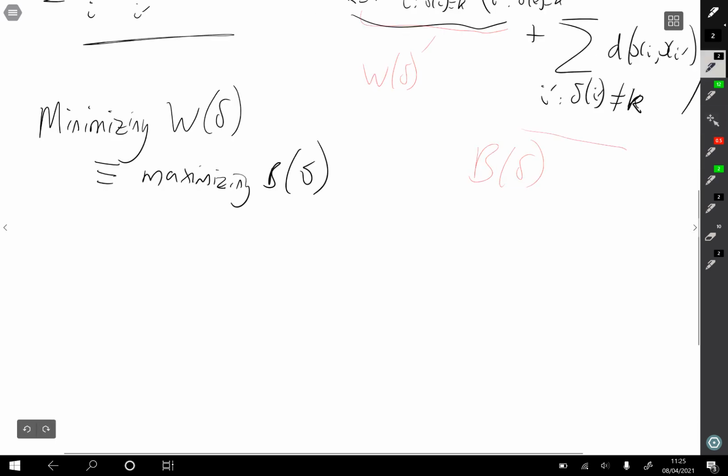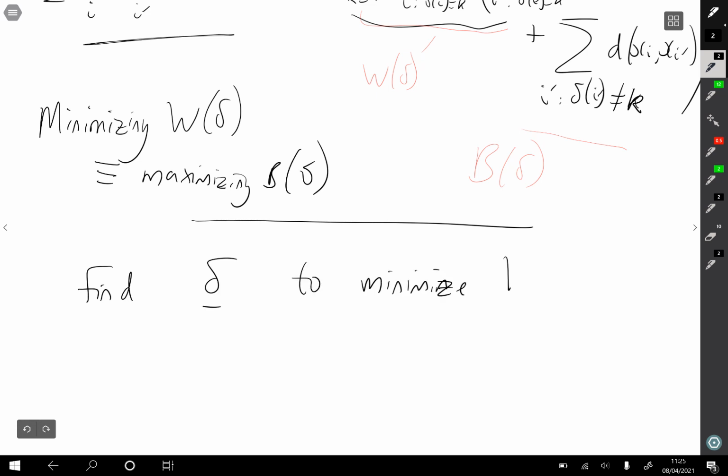The type of optimization problem we take, the way k-means works, is to try and find delta to minimize w of delta, the within cluster spread. Now, unfortunately, how many different ways there are to allocate observations to clusters explodes combinatorially.